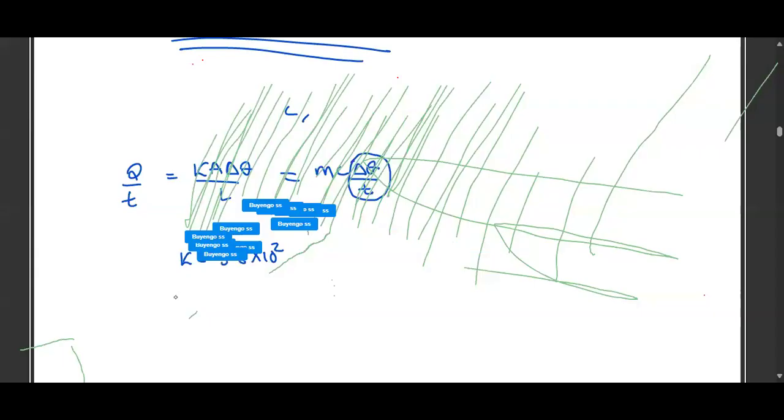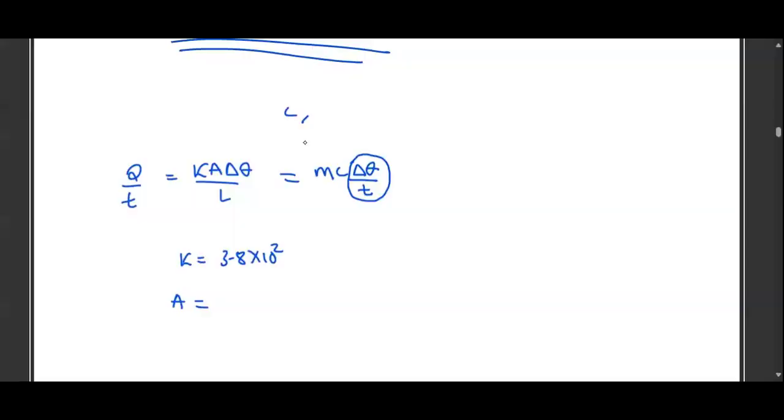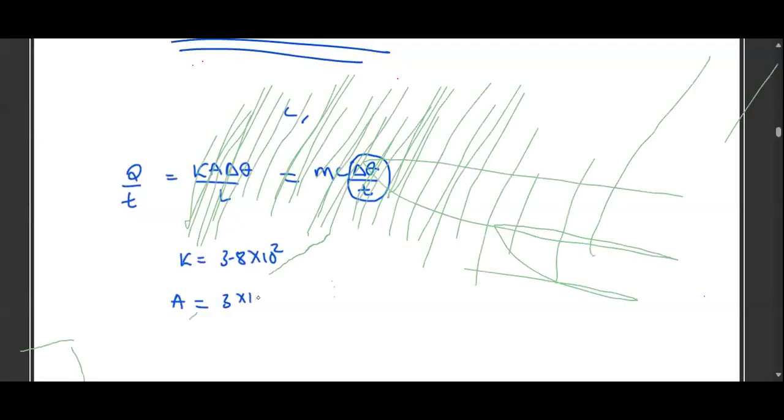And our area has been given from the question as 3.0 times 10 power negative 2 meters squared.